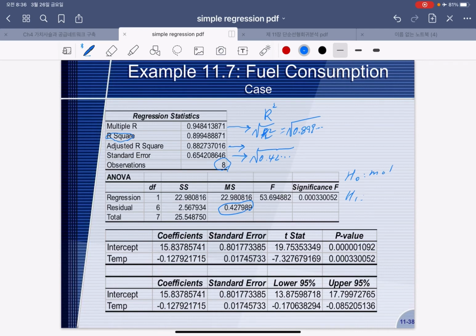Model is not good. Right? The null hypothesis is model is not good, and the alternative is model is good.